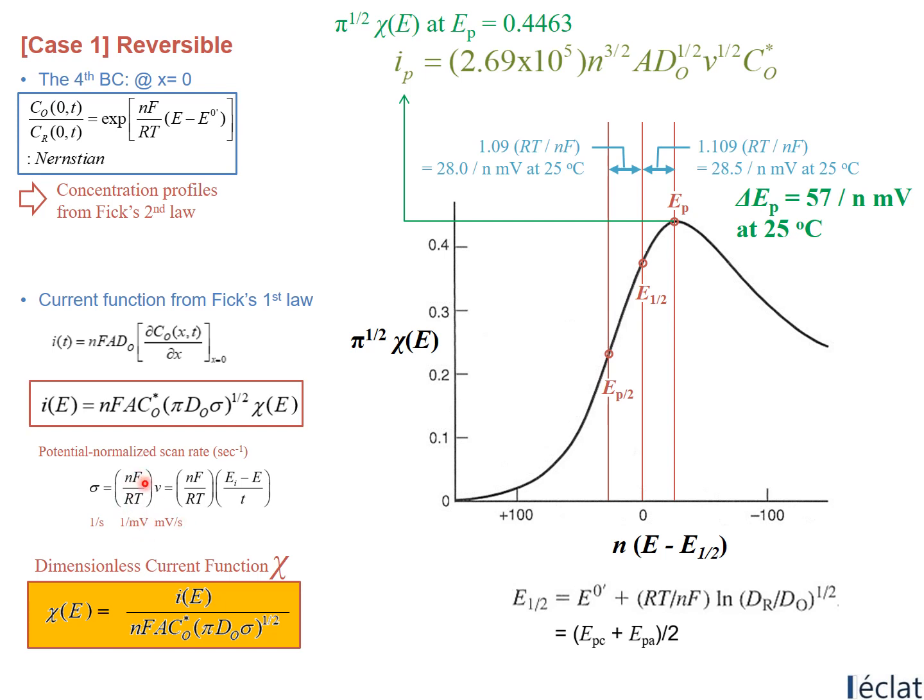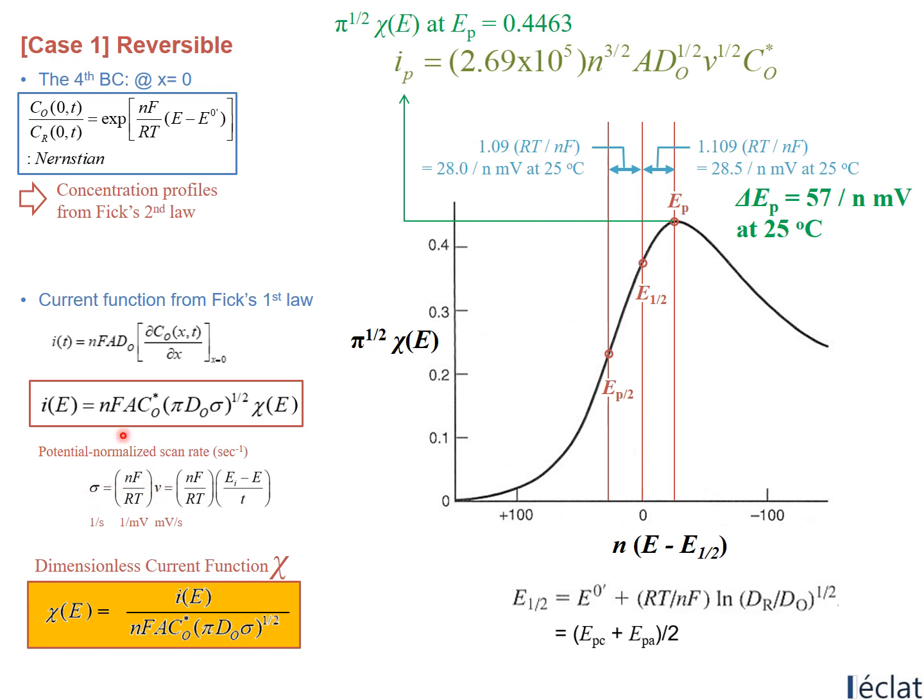So nF per RT is 1 per millivolt, and the product of those 2 units is going to be per second. So the unit of sigma is per second, and I'd like to interpret this sigma as the potential normalized scan rate. So again, sigma is nF per RT times scan rate.